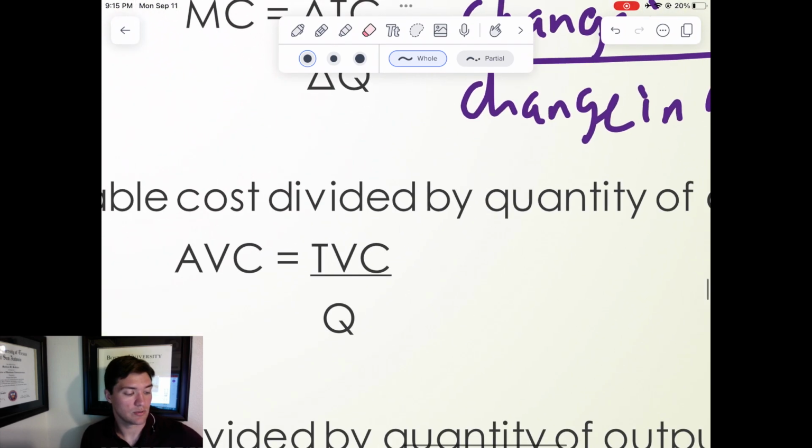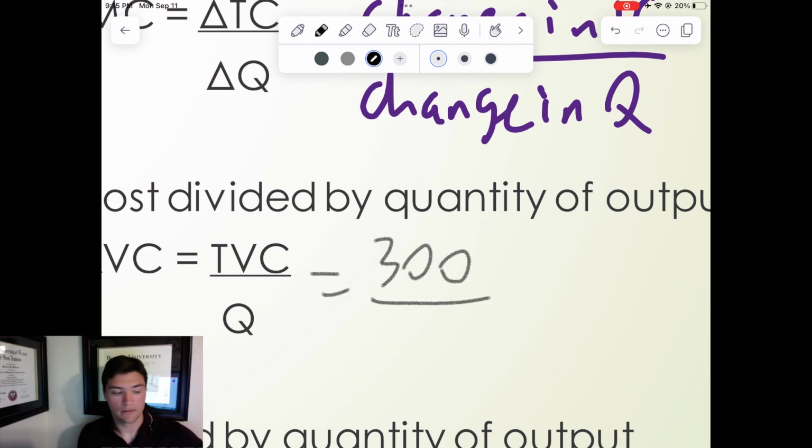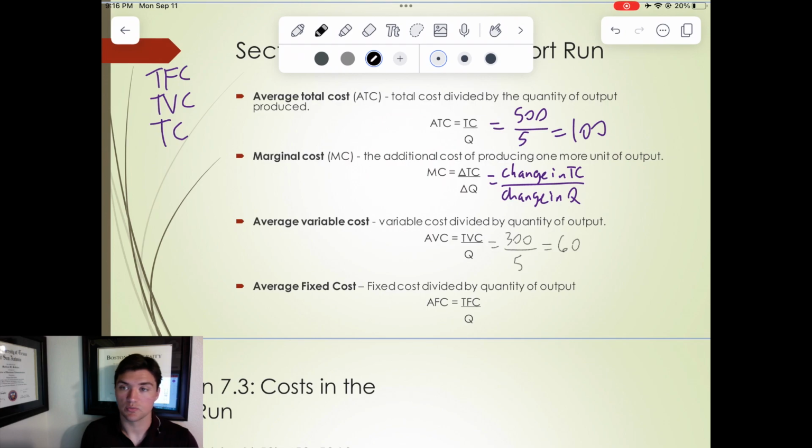So if your variable cost were 300 and your quantity was 5 again, on your calculator you would do 300 divided by 5, and that should be 60. And then finally, we have the average fixed cost. For the average fixed cost, you're going to take the total fixed cost and divide it by the quantity.